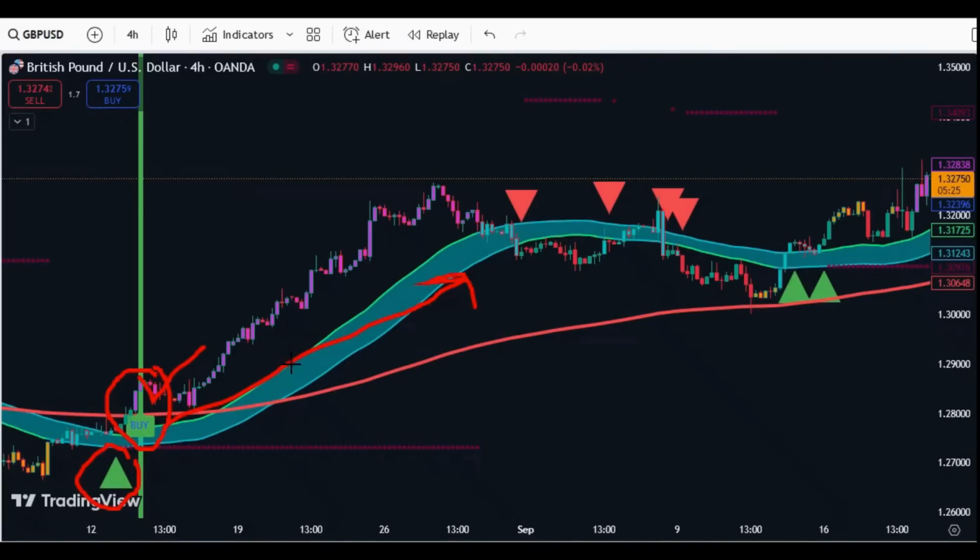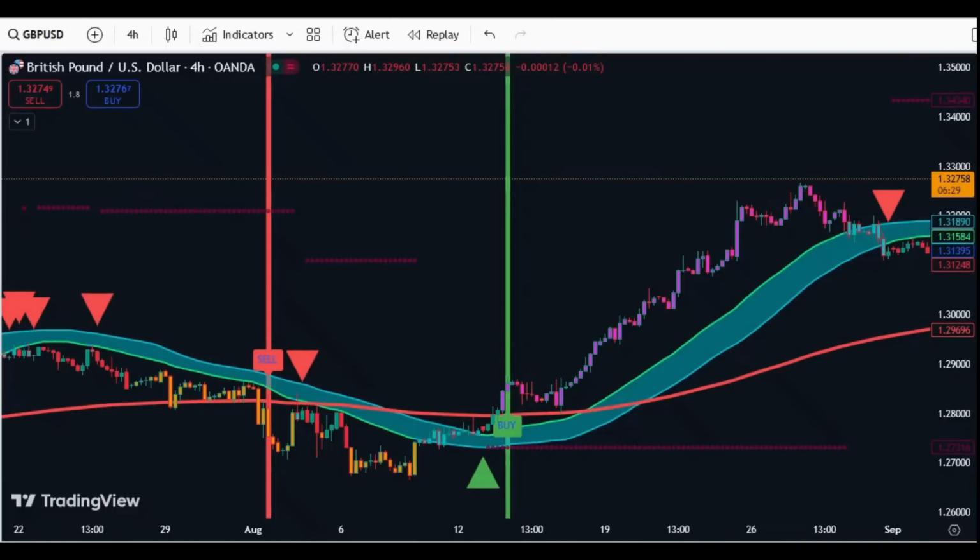Also in the opposite direction, over here you will see that the arrows are showing red. This is a sell signal, which indicates an opportunity to exit the market if you were in a buy territory, or an opportunity to enter a sell trade when we get the moving average pointing us in a downward direction.